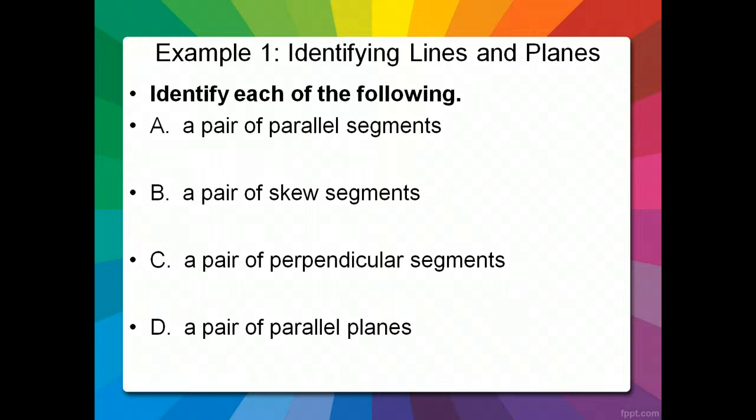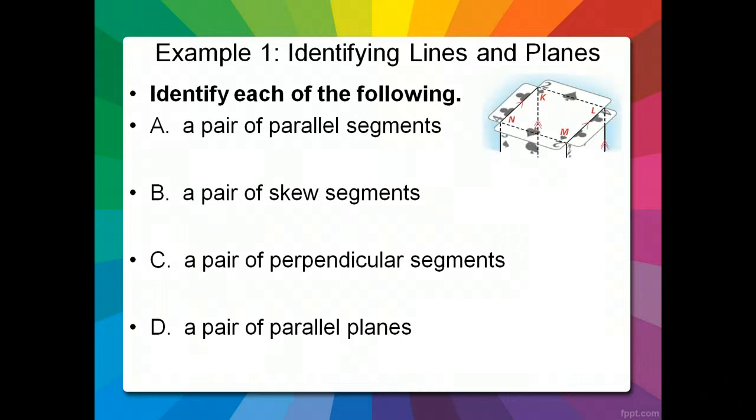Let's look at an example. Identify each of the following: a pair of parallel segments. Well, let's look at segments that are parallel. And I see NS and MR. I can also see that those are both parallel to KP and LQ.